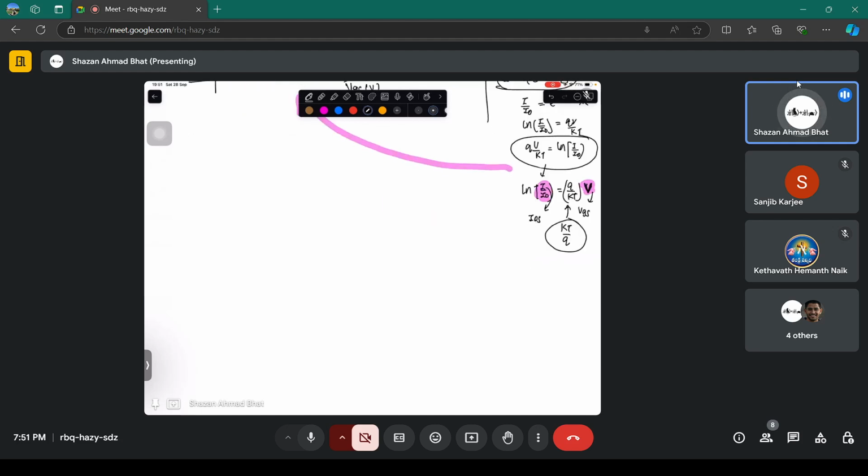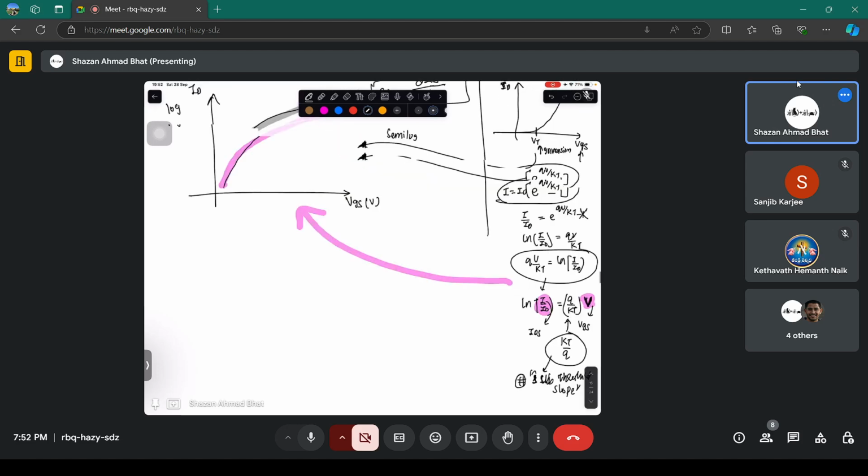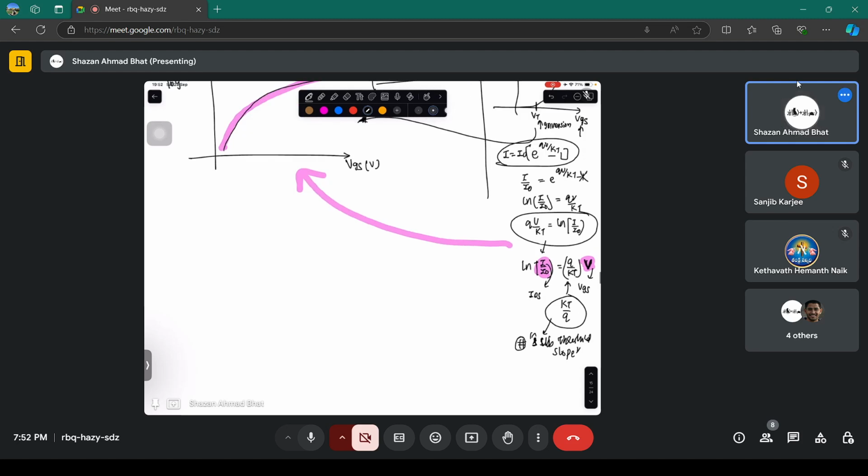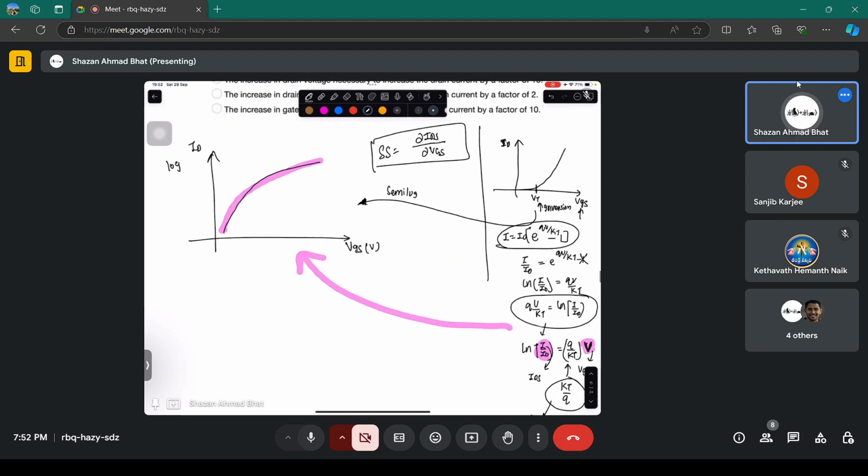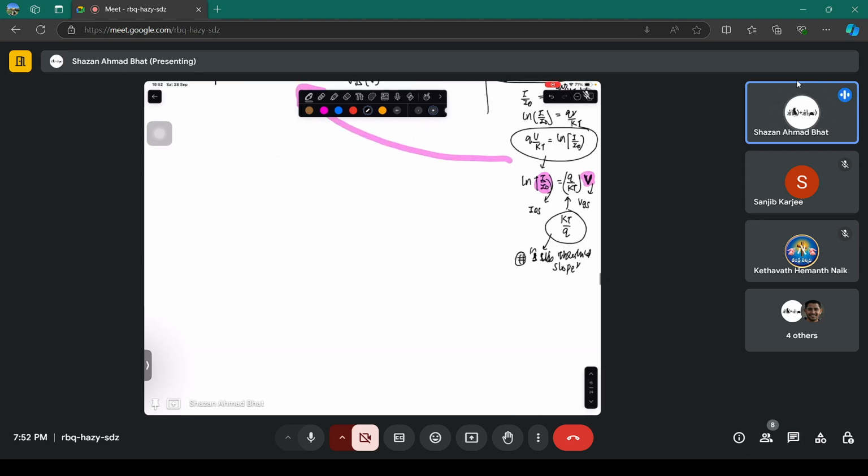This slope is called the subthreshold slope. Why subthreshold? Because it is the condition where you have slightly less voltage at the gate terminal than the threshold voltage. That is the concept of subthreshold slope.